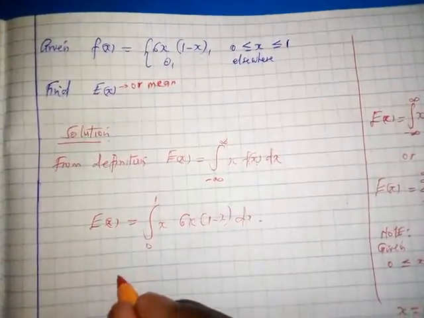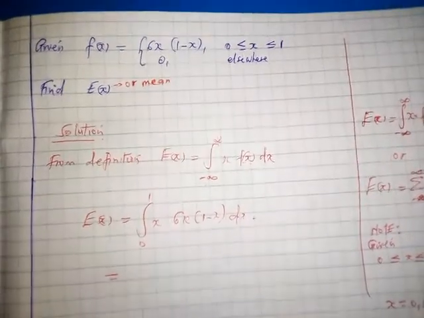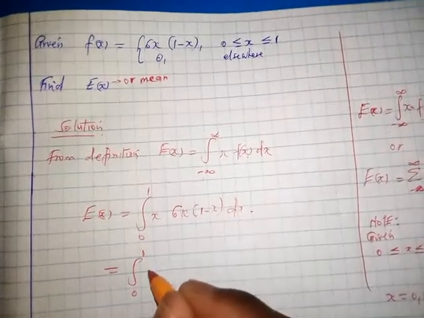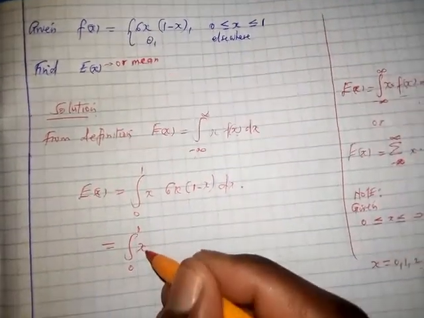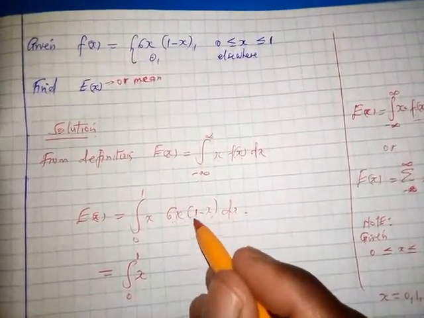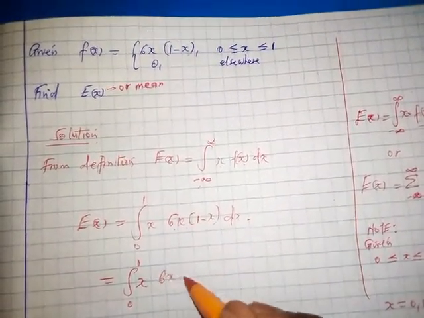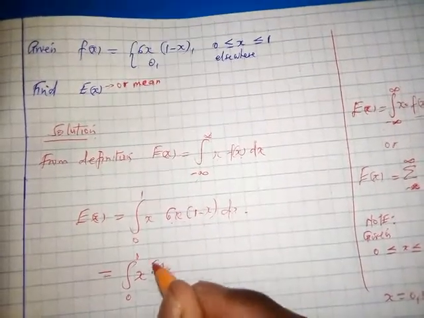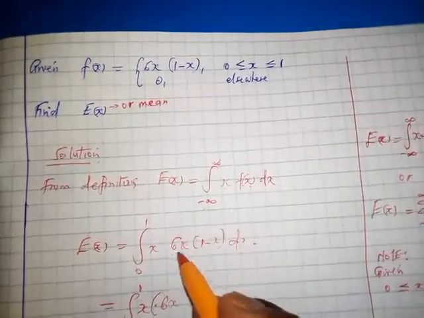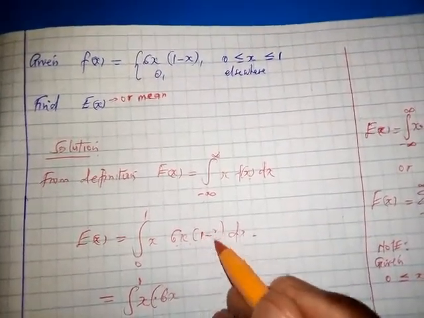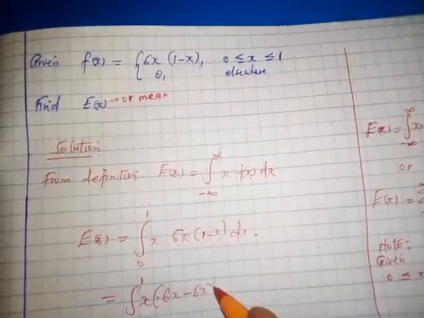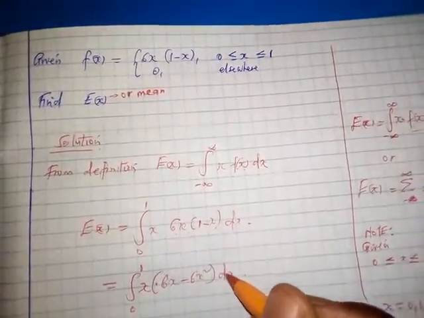After that we just simplify. So it's the integral from 0 to 1 of x, then we open the bracket: 6x times 1 is 6x, then 6x times x is 6x squared, so it will be minus 6x squared, dx.